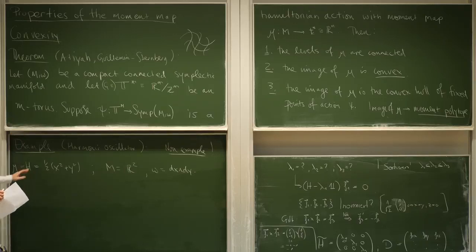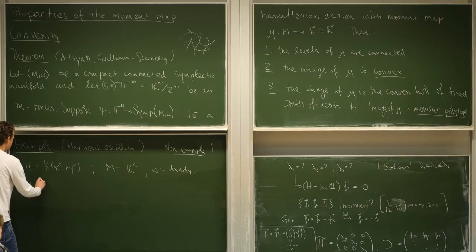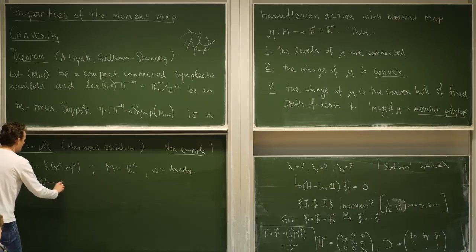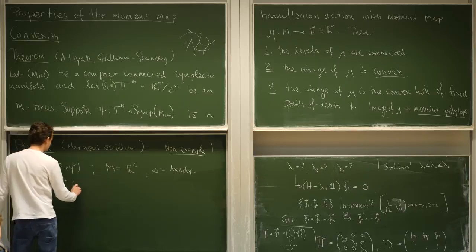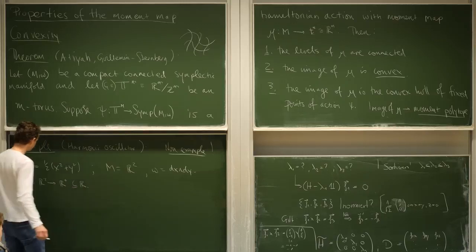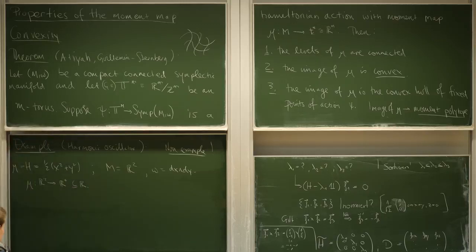And we're going to look at the image of mu. So mu is just a map from R2 to R plus, which is a subset of R. And it's a non-example here in particular because, well, we'll see.